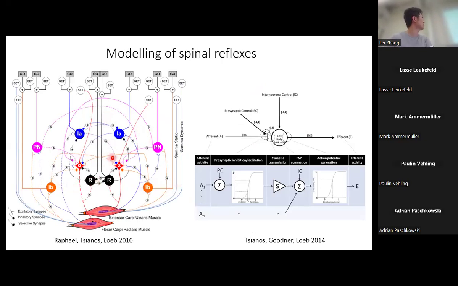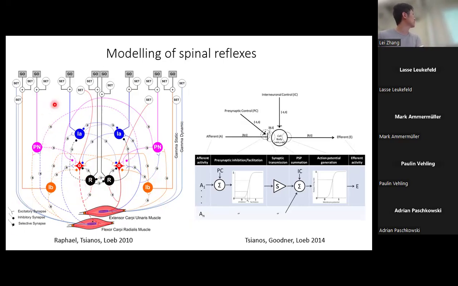Basically they implement all these well-known structures of the spinal circuit. For example, this R is a Renshaw cell, and we have 1A, the stretch reflex loop, and the alpha motor neuron. 1B is the Golgi tendon reflex, and the PN is the propriospinal neuron, which we haven't talked about here. So they put all these spinal loop circuitries together in this model, and they want to simulate movement.